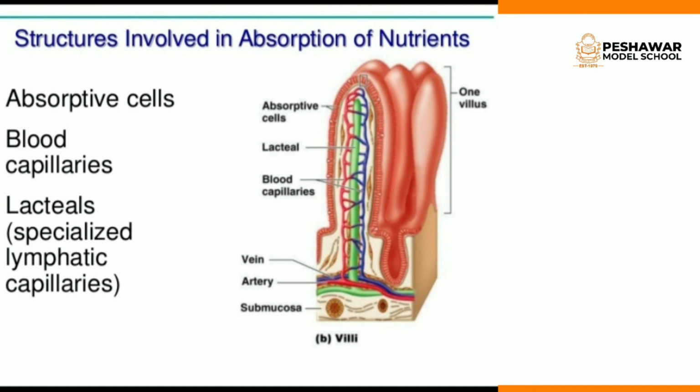Clear? Okay, now the villi contain what? The small intestine contains villi, which contain absorptive cells and blood capillaries, and the food is mixed in the blood.